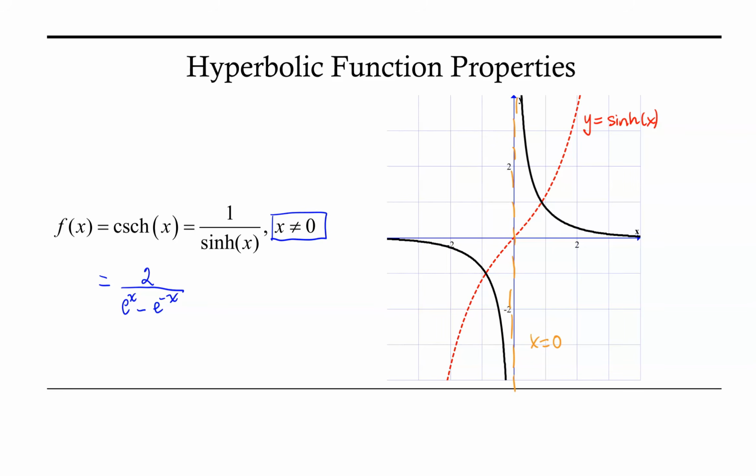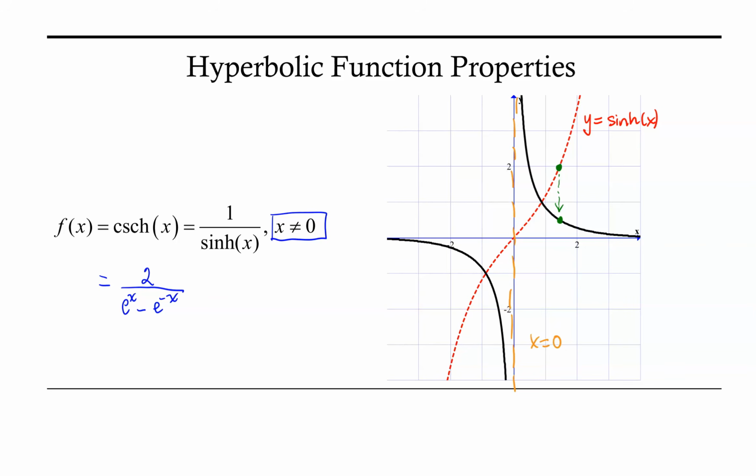So to illustrate the reciprocal relationship between the two curves, for example, when the hyperbolic sine is equal to 2, so our y value is equal to 2, we can see that that corresponds to a y value of 1/2, or the reciprocal of 2, for the csch function.